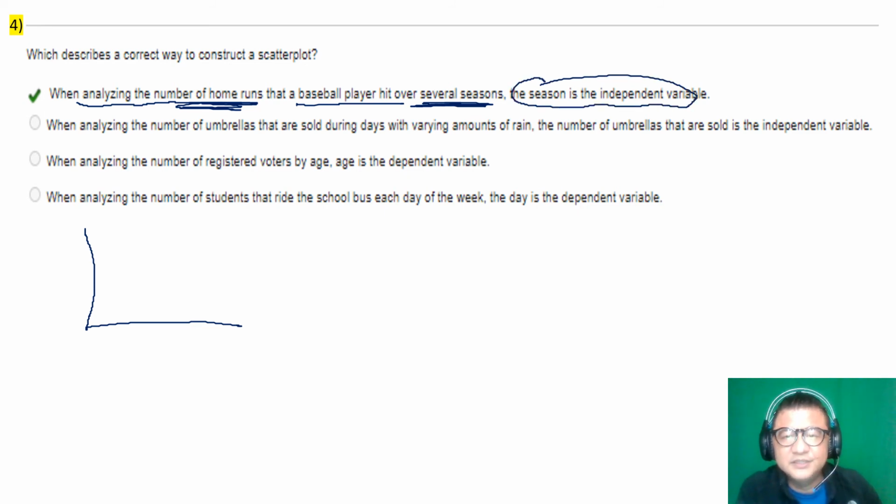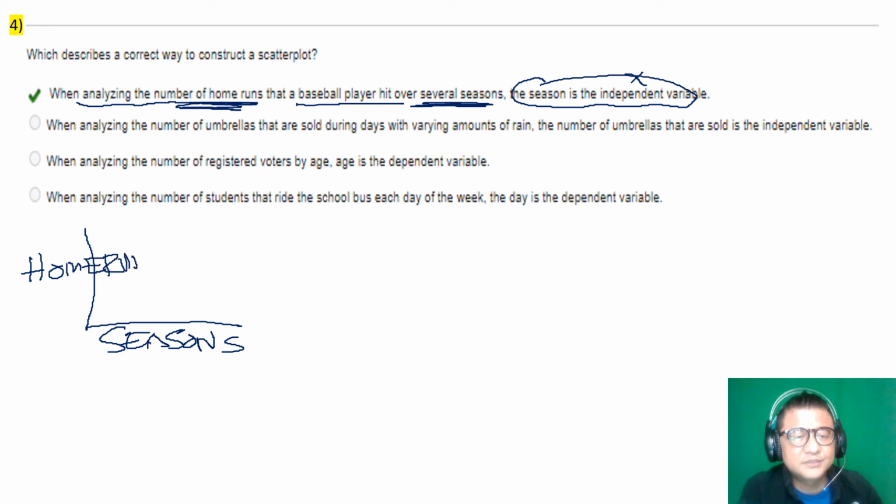So the season is the X. So the number of seasons will determine the number of home runs. The home runs depend on this? Yes or no? Yeah, it makes sense. Okay, this one makes sense. Let's check the others though.